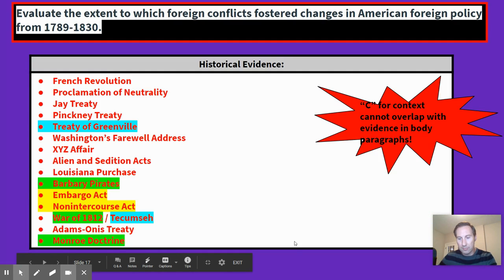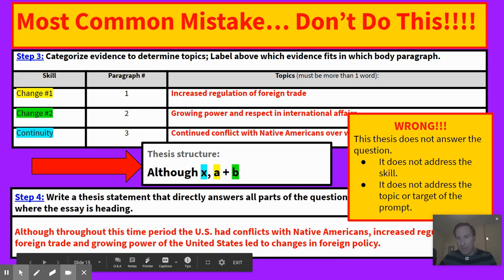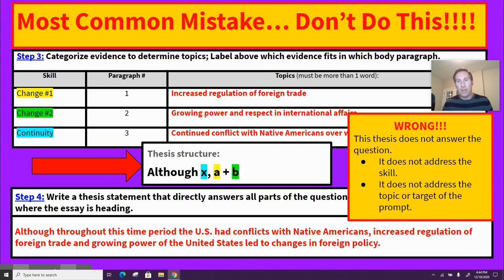Oh, there it is. So this is a must not do. I see a lot of students make this mistake. This is a common thesis that I get from students that just misses the mark, and I'll explain why in a second. It sounds okay on the surface, but I'm going to explain why it doesn't work and it wouldn't meet the criteria for this question.